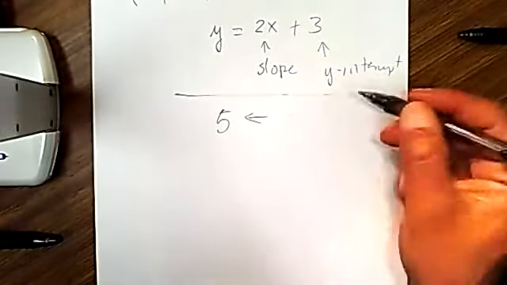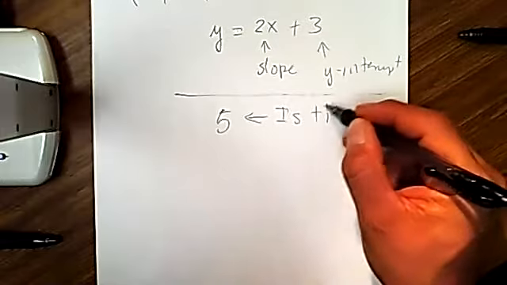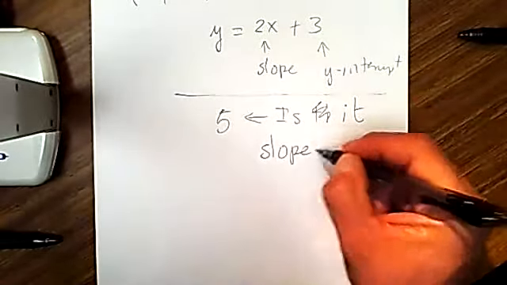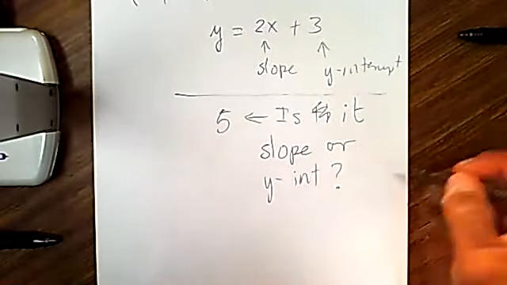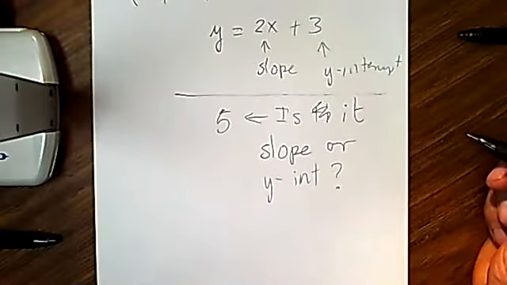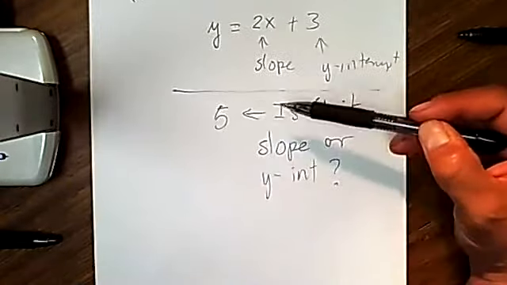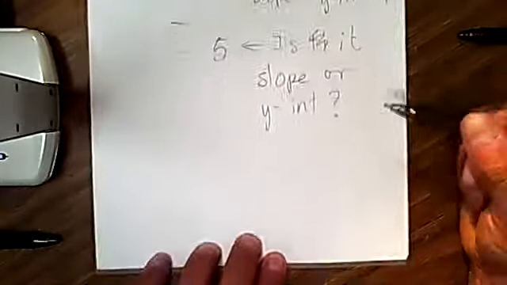Is it slope or y-intercept? Which one is it? This is the 5, and without context, we cannot tell what it is. The context, as up here, tells us what it is.